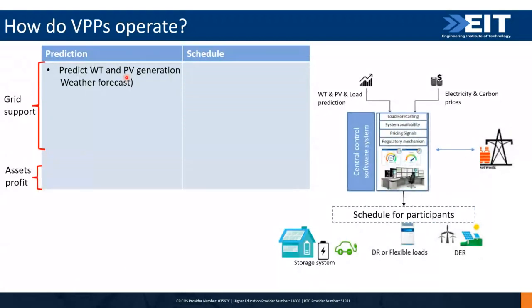So it predicts the power of these power plants for each day. For each day, the VPP operator forecasts the wind speeds to see how much power the wind farms can generate. And it also predicts the sun energy to see how much power can be generated by the solar systems.